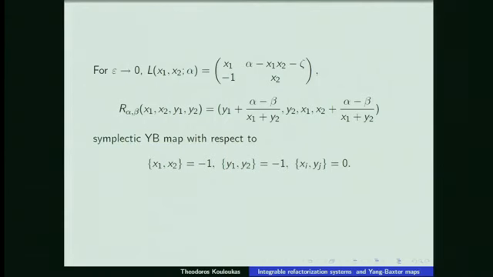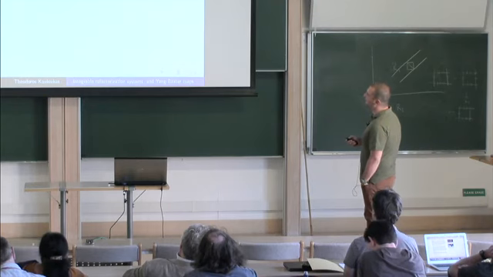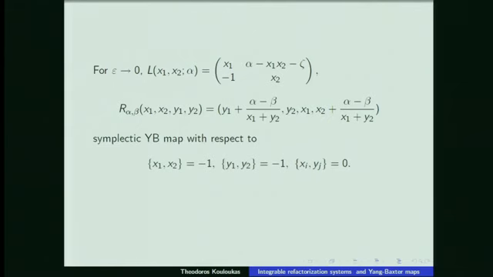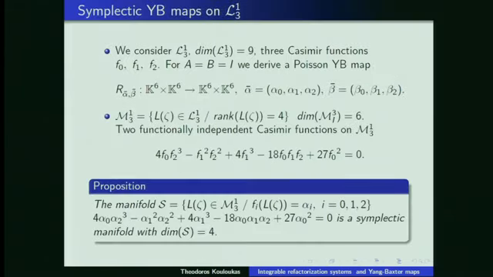So here, if we send epsilon to 0, then we derive the Lax matrix that I presented before in the first example. And the previous Yang-Baxter map goes to this Yang-Baxter map, which is again symplectic with respect to, now, the reduced Sklein bracket becomes the canonical Poisson bracket.